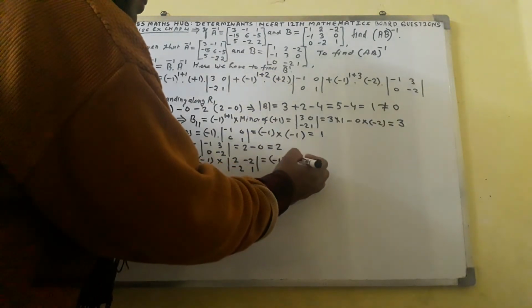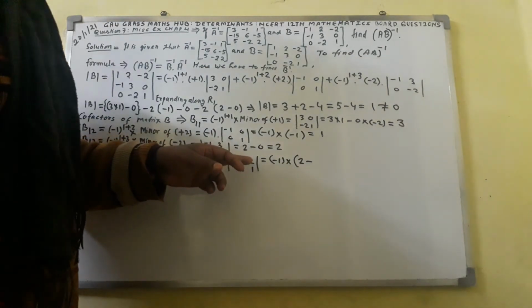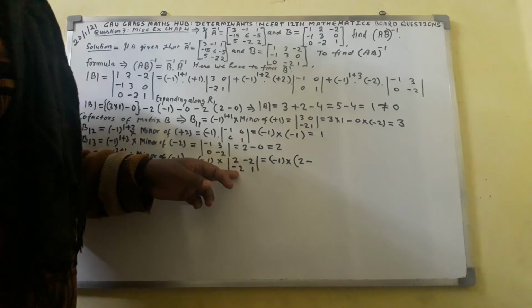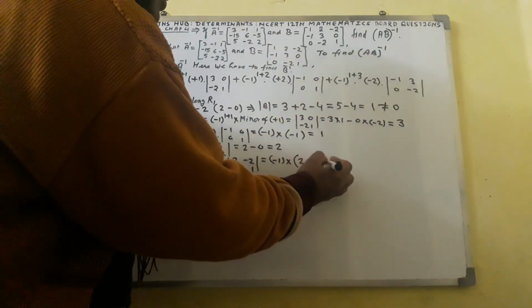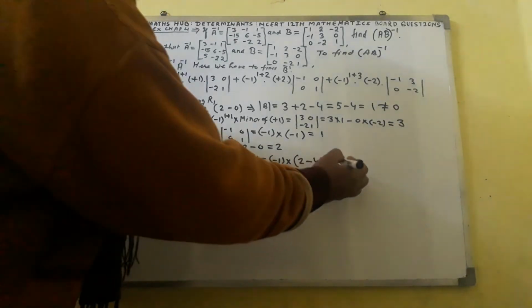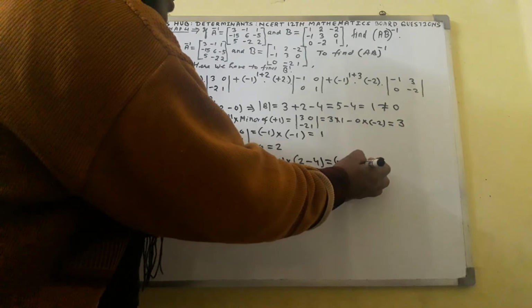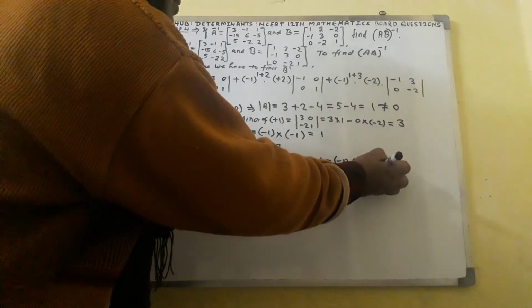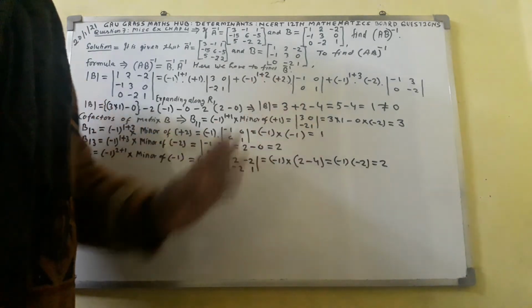We will get here 2, minus elements of reverse diagonal -2 and -2 will multiply together. 2 minus 4 will get, so here write -4. Comes out to be -1 multiply to here -2 comes out to here 2. Minus 2, so this will become.